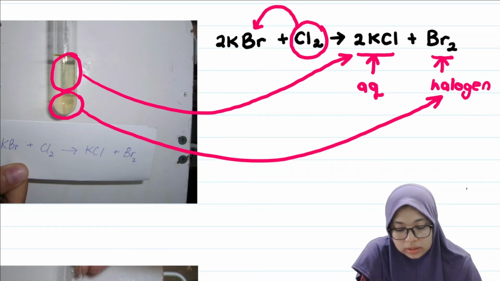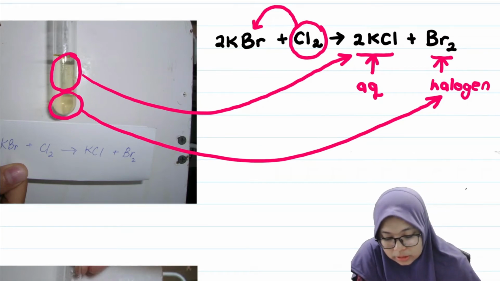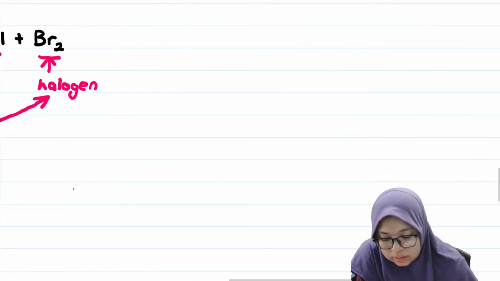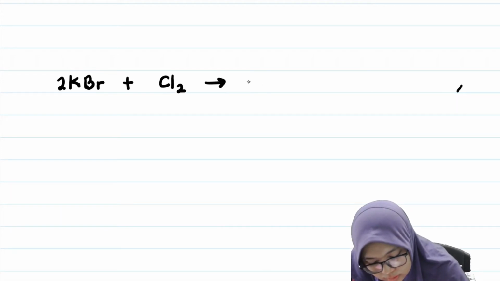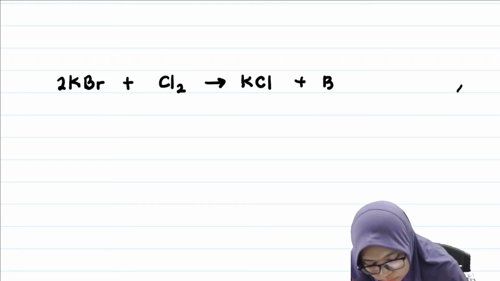I already explained this in my previous video, so I will just simplify the chemical equation. The reaction is between potassium bromide and chlorine. You need 2 potassium bromide to produce potassium chloride and bromine molecule.